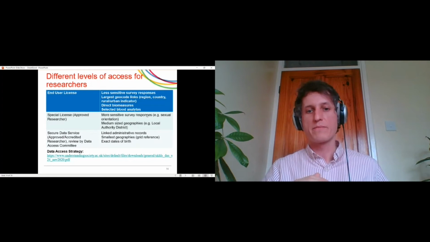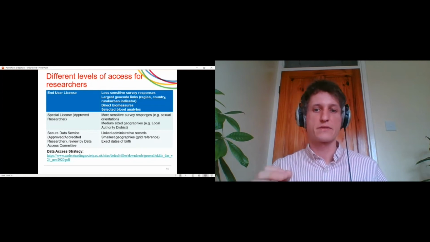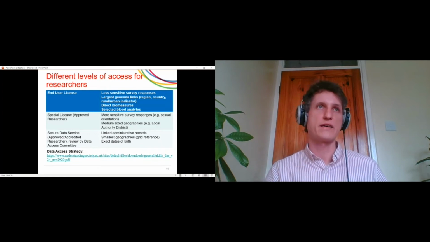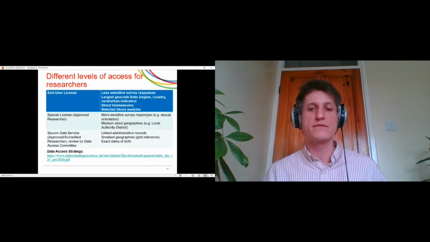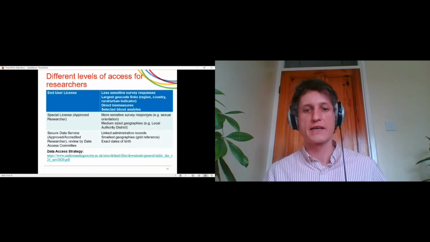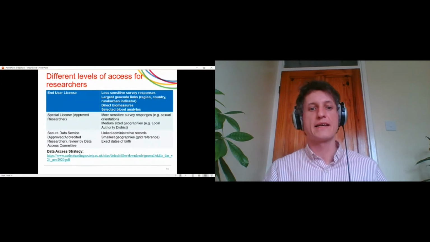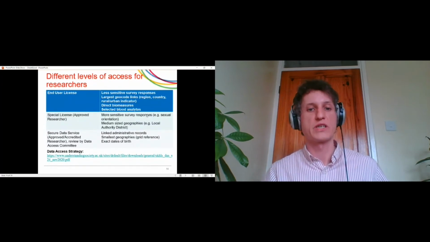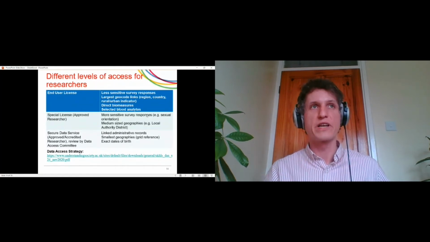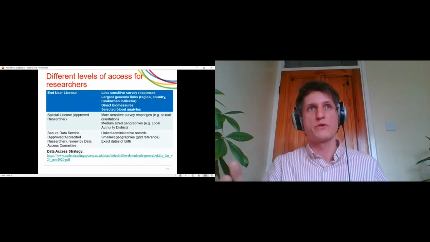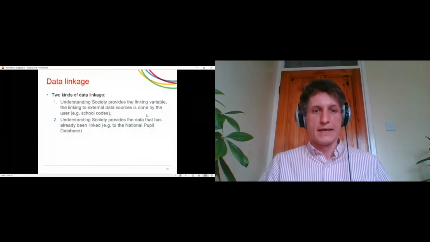This is for the most disclosive information, so the smallest geographies, meaning grid reference, which allows you to very precisely identify households, and for things like the exact date of birth. And here the process is longer, and you need to provide much more detail on why you need it, because at this level you have access to really very disclosive data, because you can basically identify individual households.